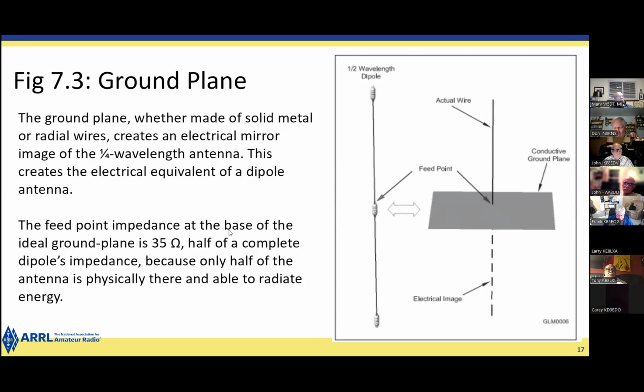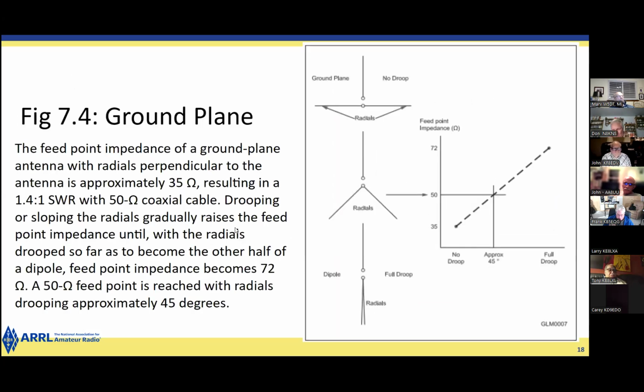The feed point impedance becomes 35 ohms. So you end up with a feed point impedance of a ground plane with radials with a 1.41 SWR with a 50 ohm coaxial cable.